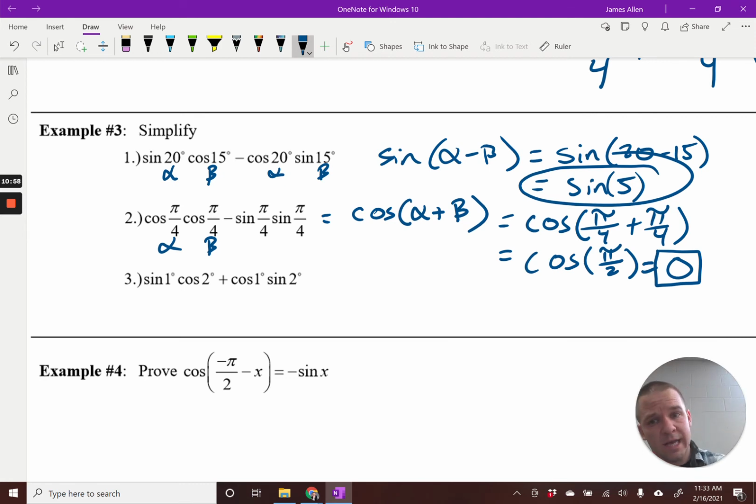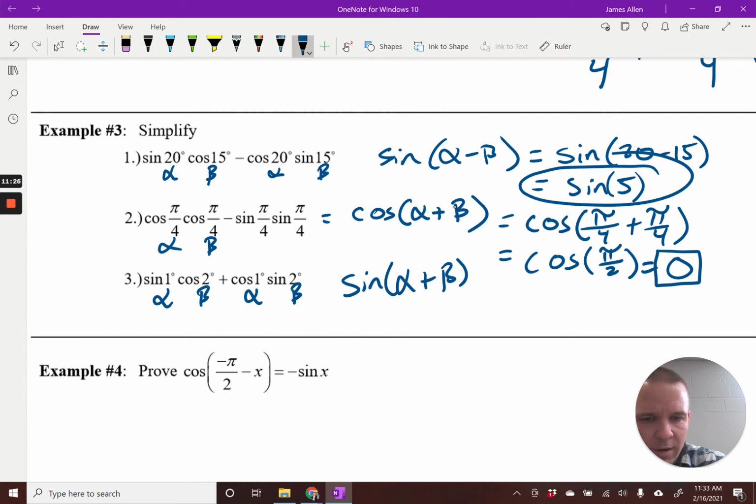All right, last one here. So sine of 1 degree times cosine of 2, plus cosine of 1 times sine of 2. So sine, cosine, sine. This looks like sine sum. Hold on, I'll do my alpha and my beta, right? So this is sine of alpha plus beta.